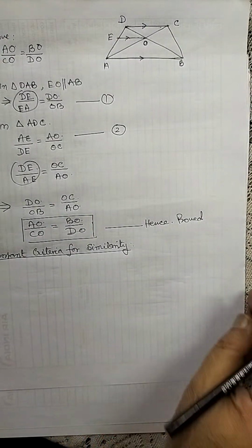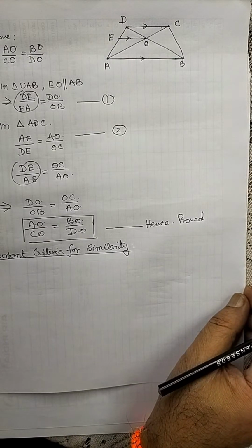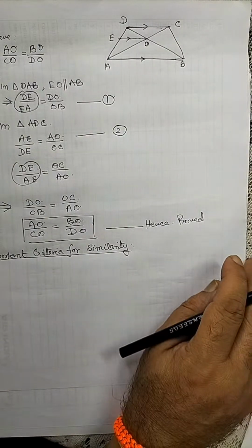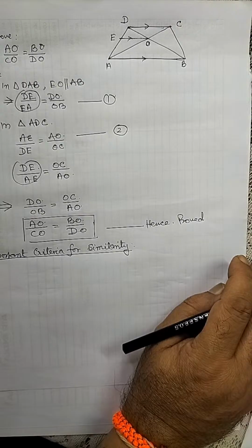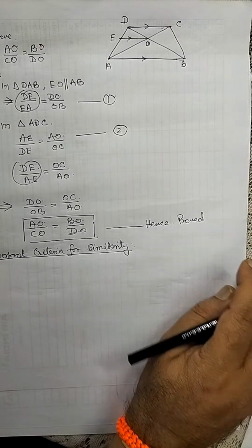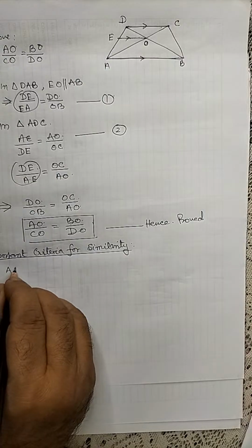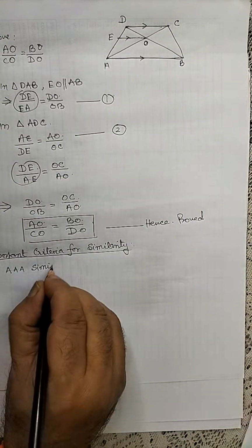That means, like how while studying about congruent triangles, we had the criteria for congruency, similarly, we are having criteria for similarity. So the first criteria is AAA similarity.